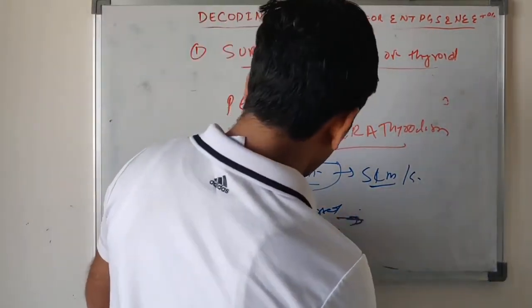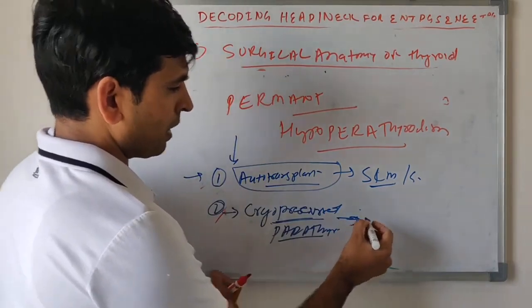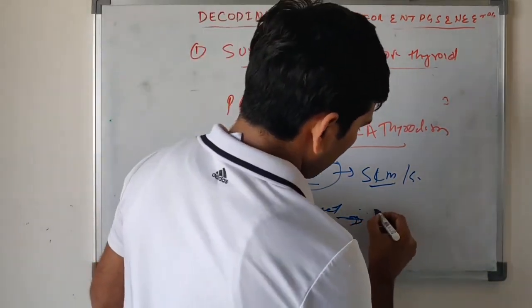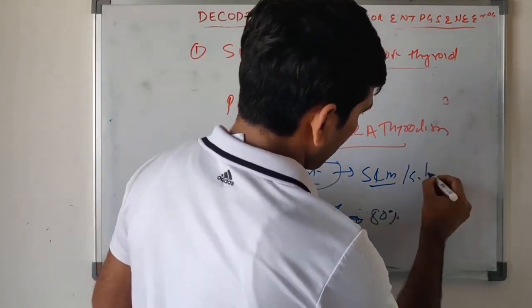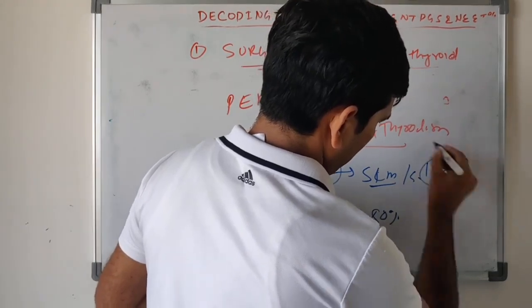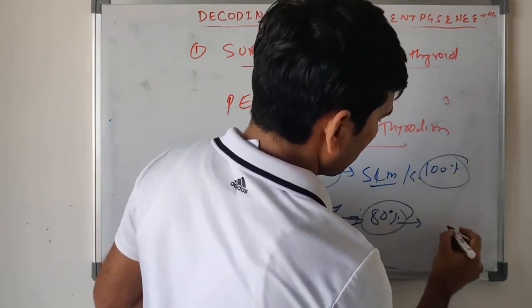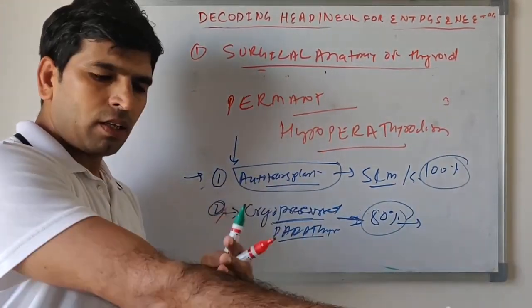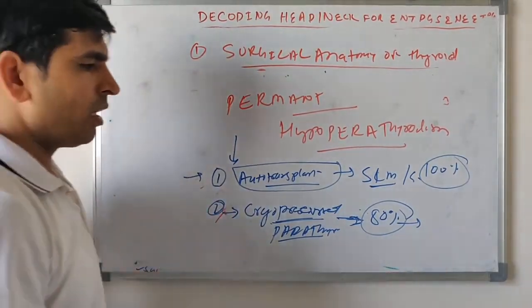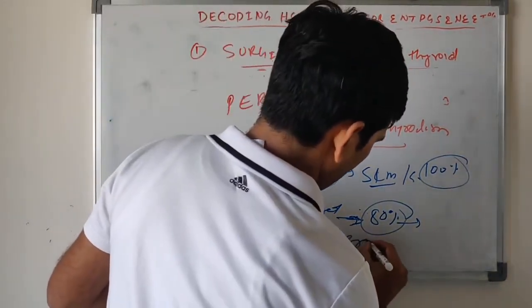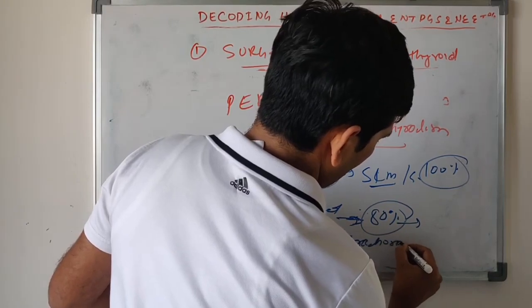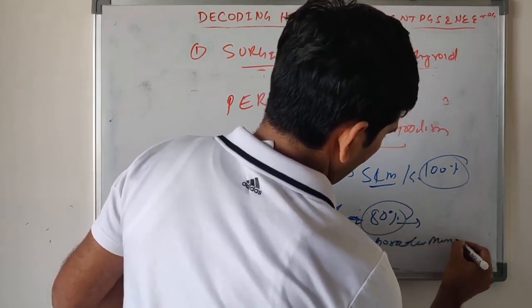This is called cryoparathyroid transplant. Its result is about 80%, almost 100%. We have to transplant the same 20 pieces here in the brachioradialis muscle, the brachioradialis muscle in the forearm.